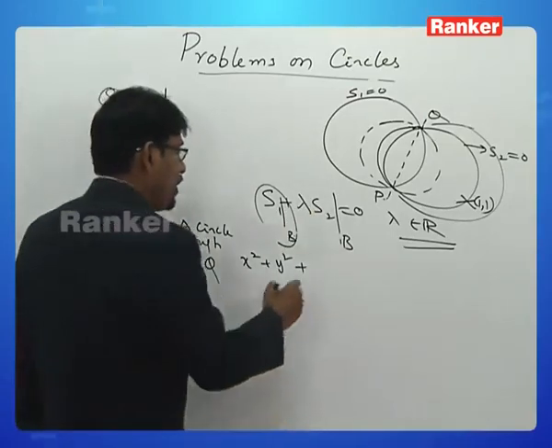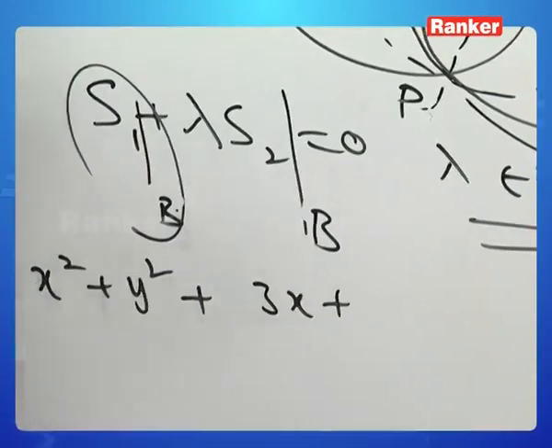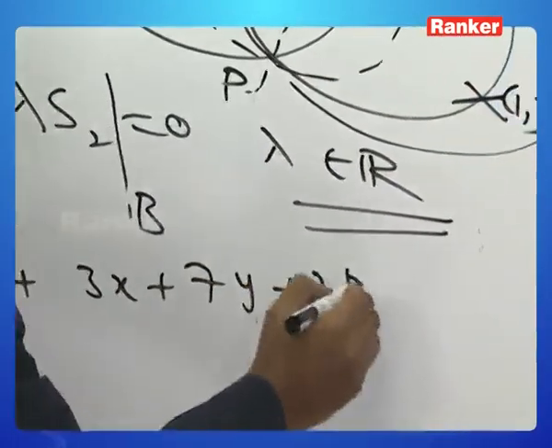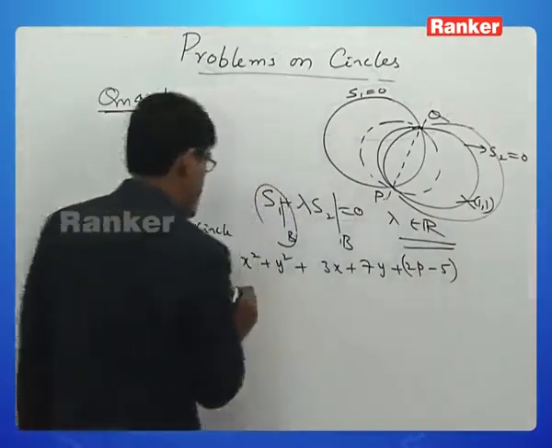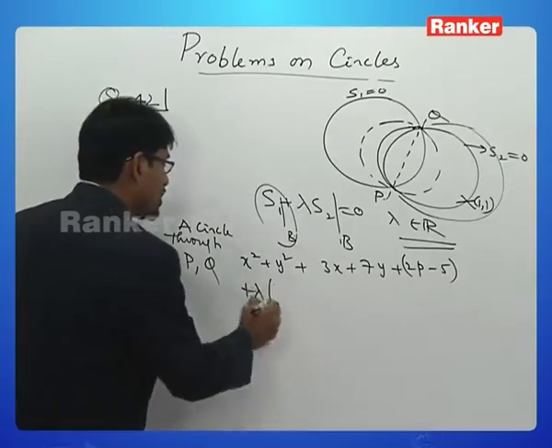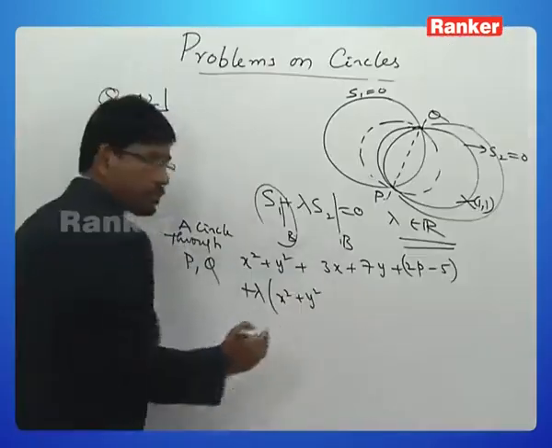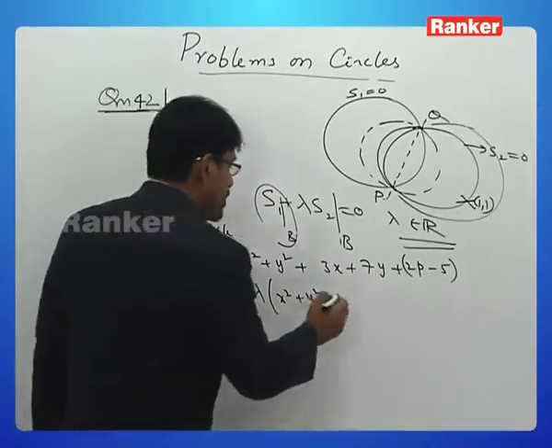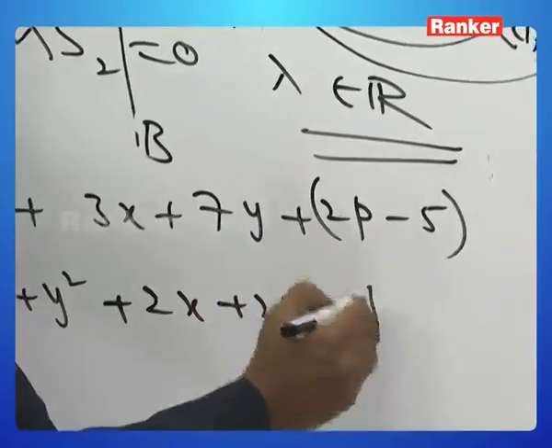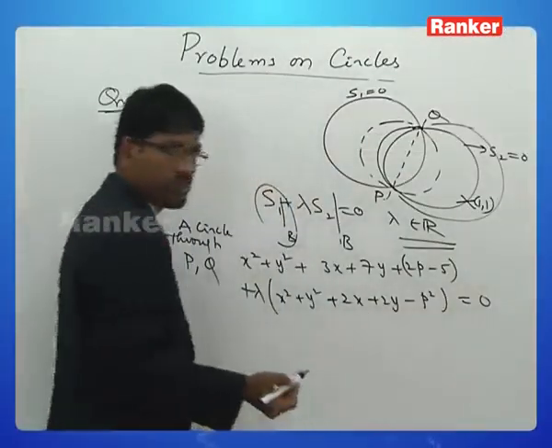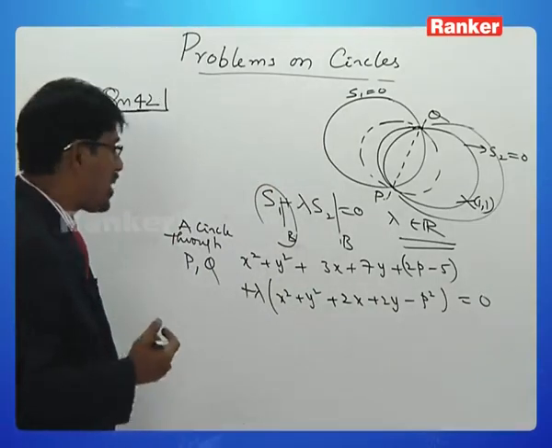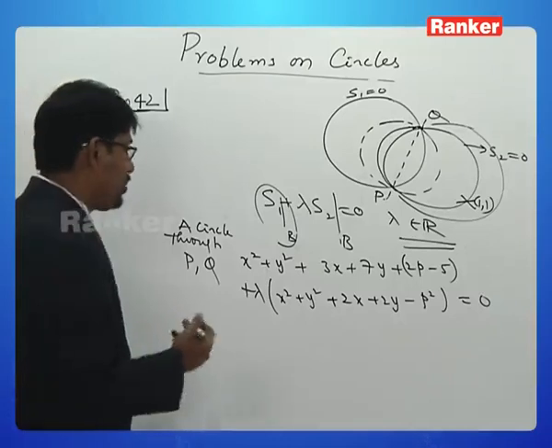What is S1? x square plus y square plus 3x plus 7y plus 2p minus 5, this is the S1 part, plus lambda times the second equation, x square plus y square plus 2x plus 2y minus p square equal to 0.